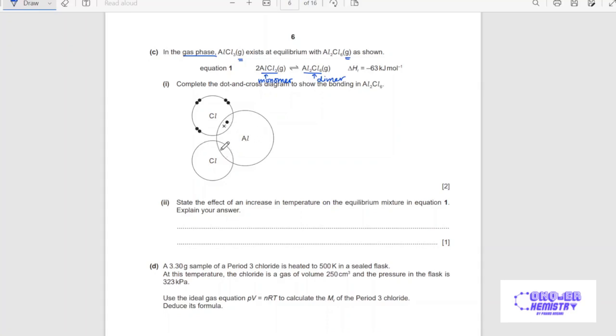And the reason why this happens is because AlCl3, when it forms single bonds with the chlorine atoms, let me show this over here. We have dot and cross for the single bond. And because we're using dots for the chlorine atoms, I'm going to draw 6 more dots for the lone pairs on the chlorine atom over here. So we have Al and 2 Cl atoms over here. Now I'm going to draw another chlorine atom over here, dot and cross, and 6 more dots.